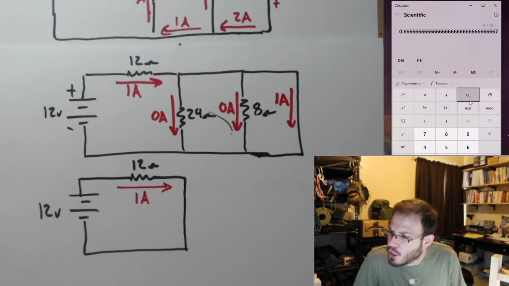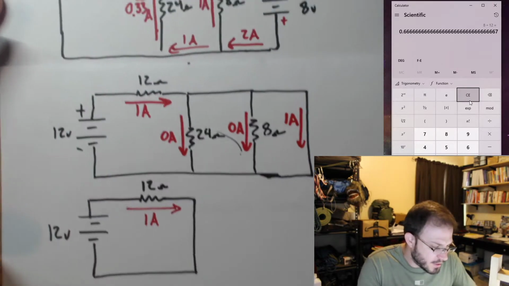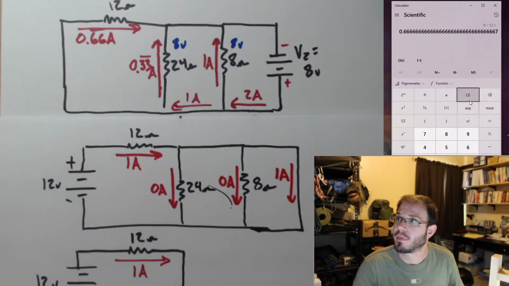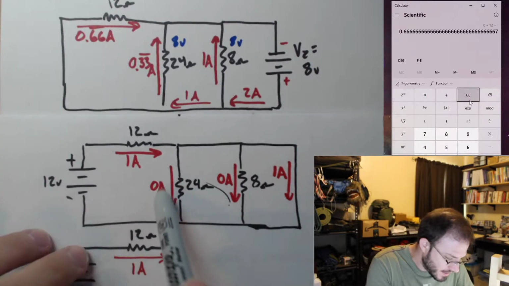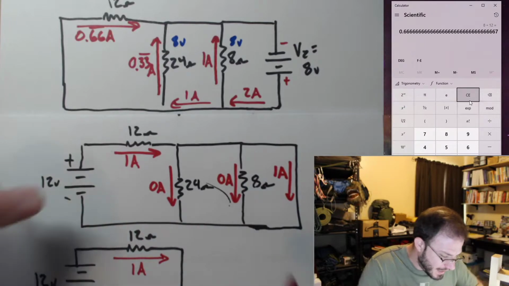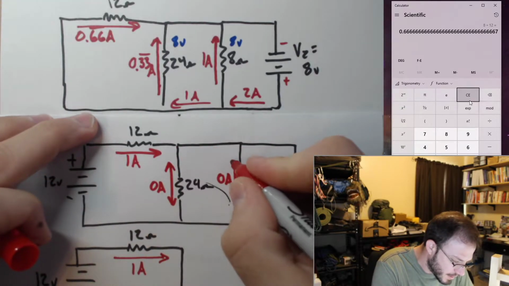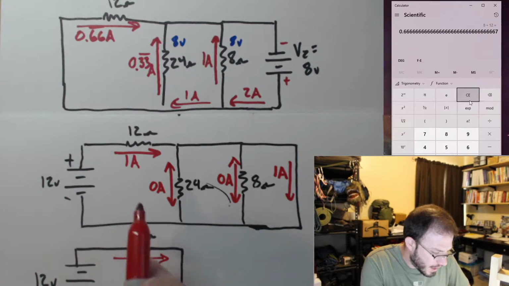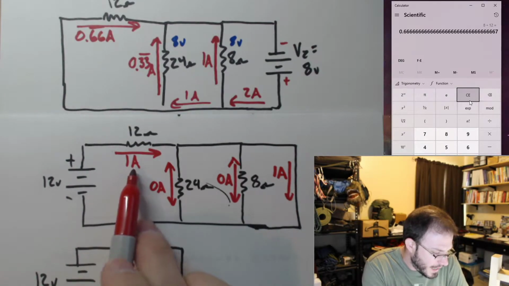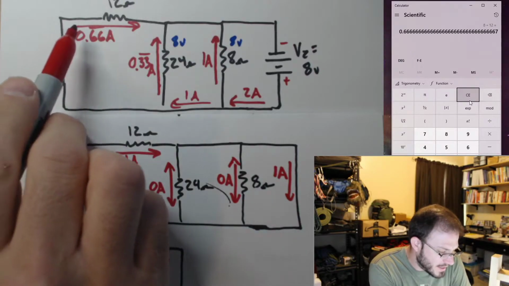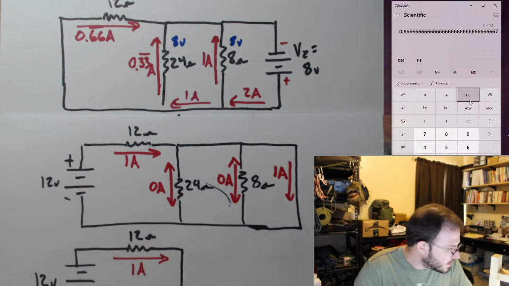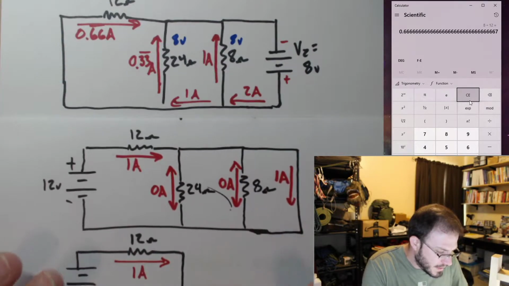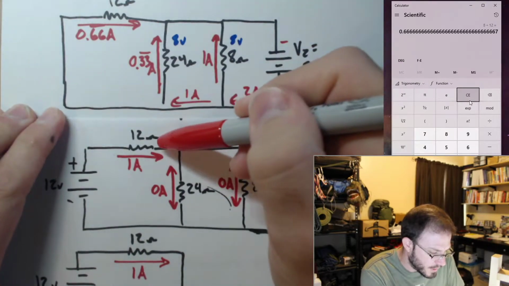So now we can go ahead and apply superposition. We have our two solutions here. But notice these two had 0 amps going through it, and direction doesn't matter. Over here we had 1 amp going to the right and we had 0.66 amps going to the right. So let's go back to our original circuit and take care of this 12 ohm resistance.